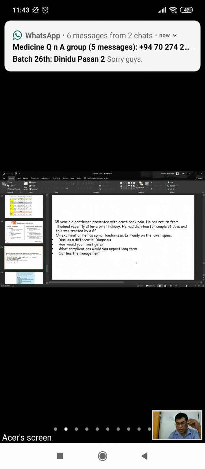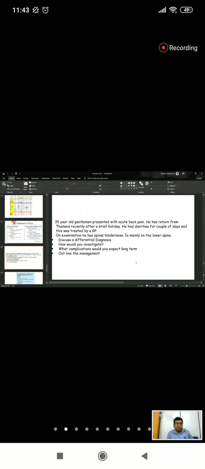So what is the most likely differential diagnosis here? Reactive arthritis. Yeah, reactive arthritis. And in that case, what part of the spine is involved? He's having low back pain, but what part of the spine?